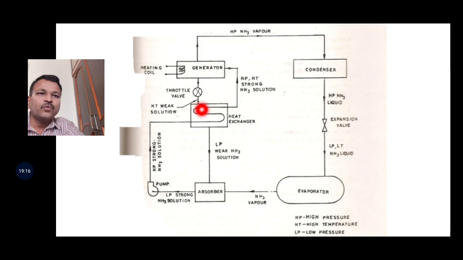That warm solution will go to the generator, where further heating takes place and the solution is converted into ammonia vapor. The remaining high pressure strong ammonia solution will come to this heat exchanger, and from there it will go on as low pressure weak ammonia solution.